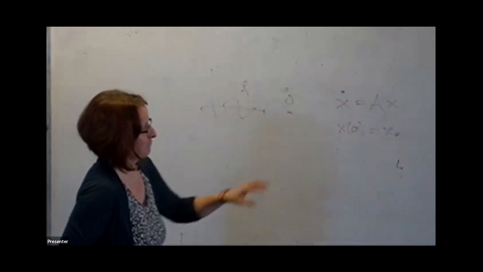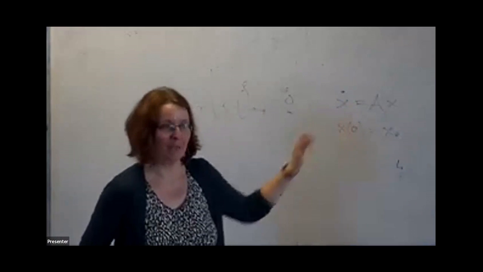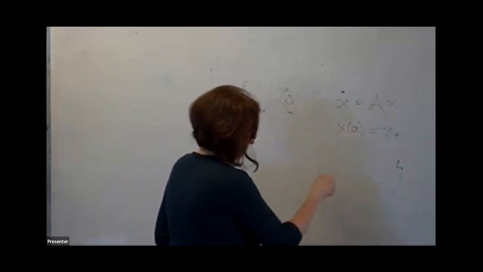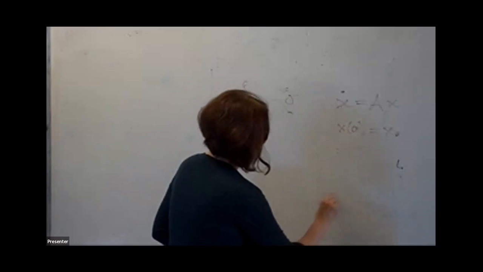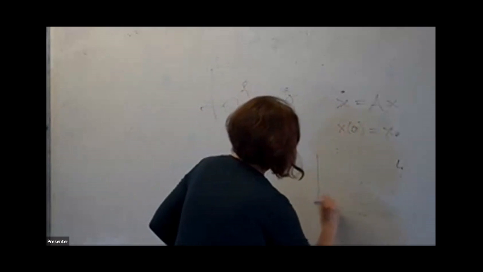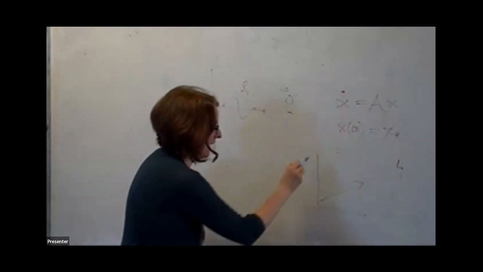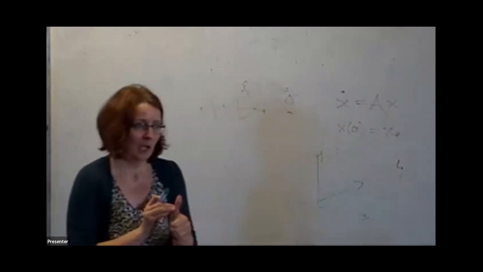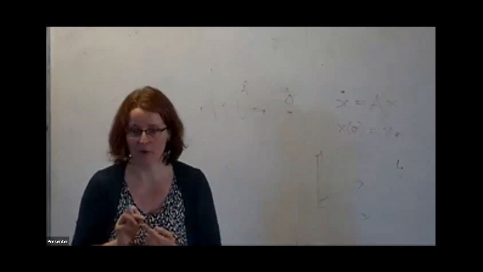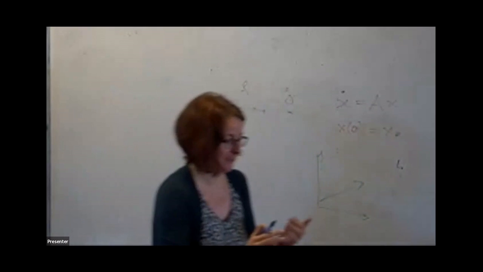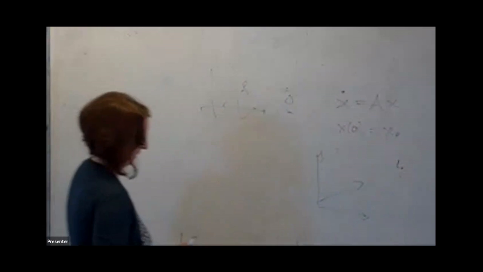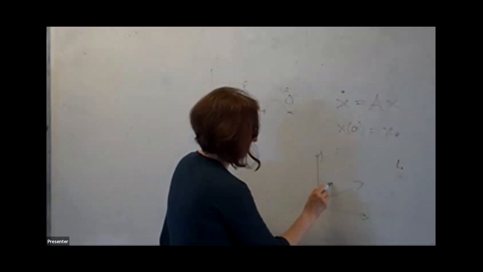And for applications, for example, in economy, all your goods are positive quantities. Or in biology, when you look at bacteria or whatever, you have positive objects, and you start somewhere here with your x0.